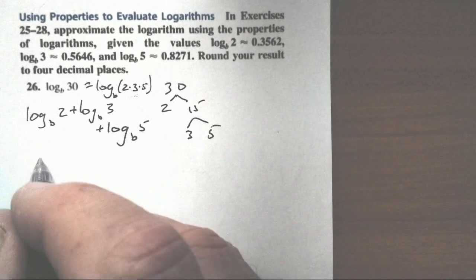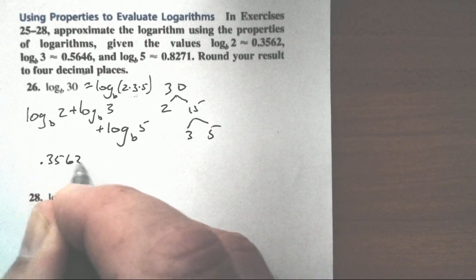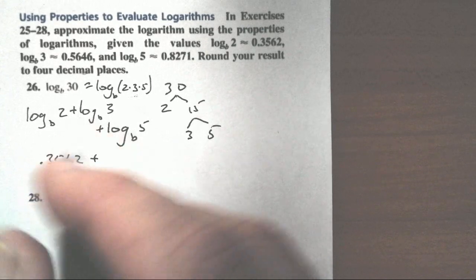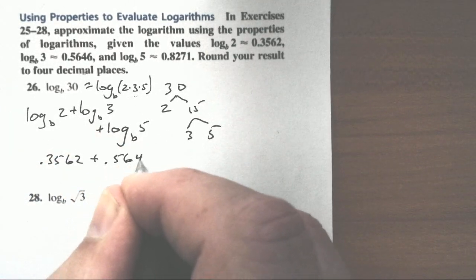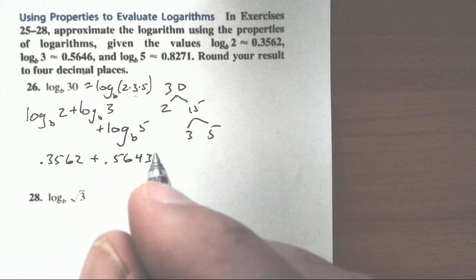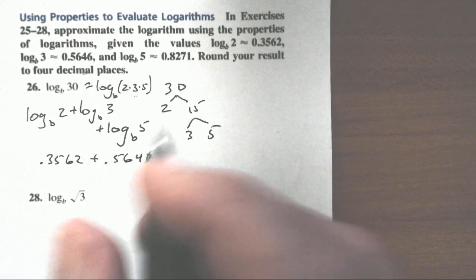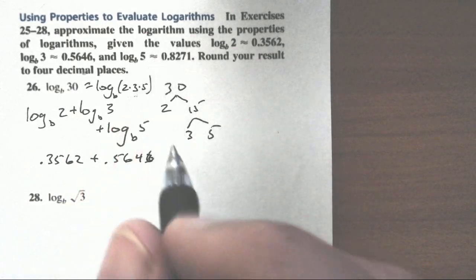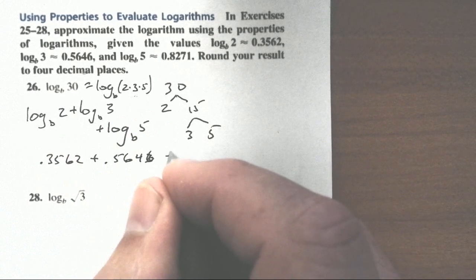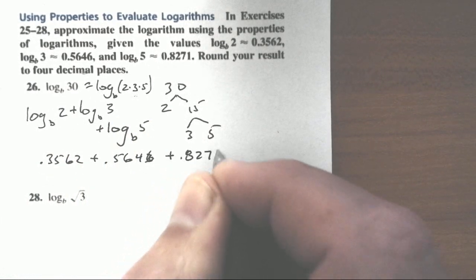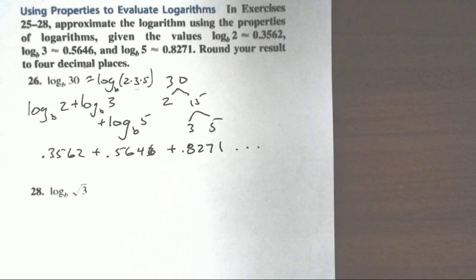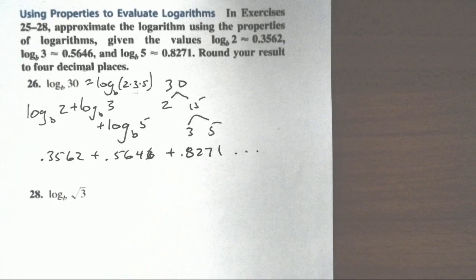And log base b of 2 is 0.3562, and log base b of 3 is 0.5646, and log base b of 5 is about 0.8271, and I'll leave that sum to the viewer. You can go ahead and run that through your calculator.